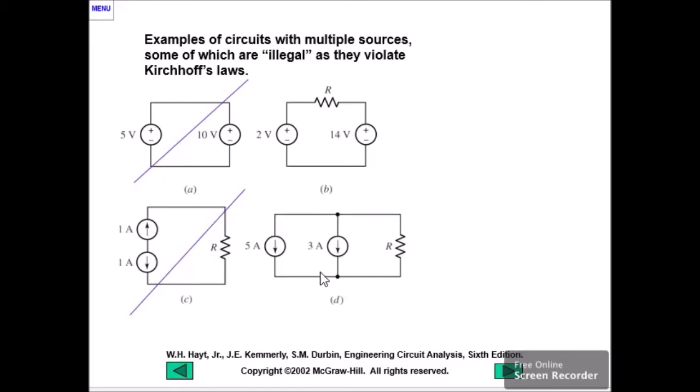So, kagaya nito. Okay? If you notice, parehas sila ng direction, papasok sila. According naman sa KCL natin, if you look at this node, kung papasok to papasok, somehow, you would have an idea na malamang itong dito, yung current is, dito yung direction. Papunta sa resistor. Palabas. Okay?